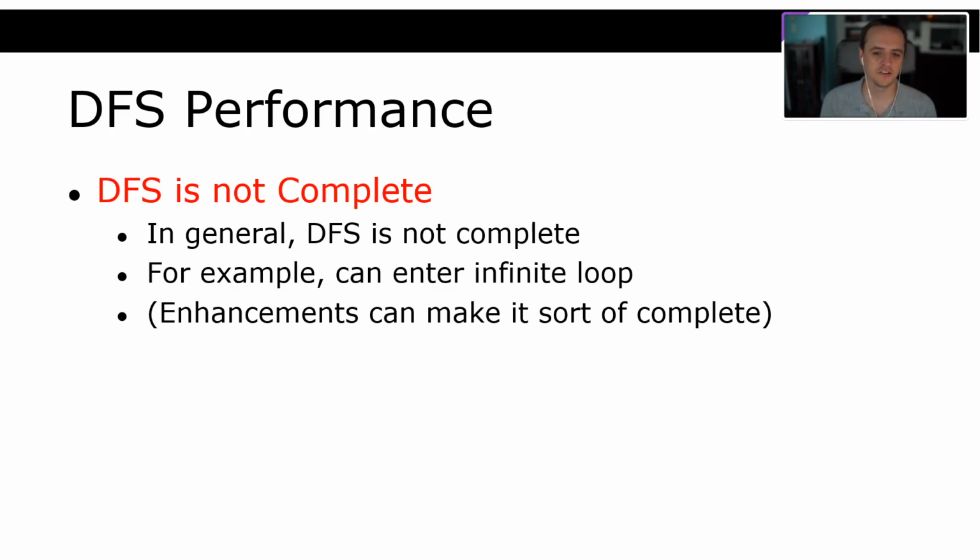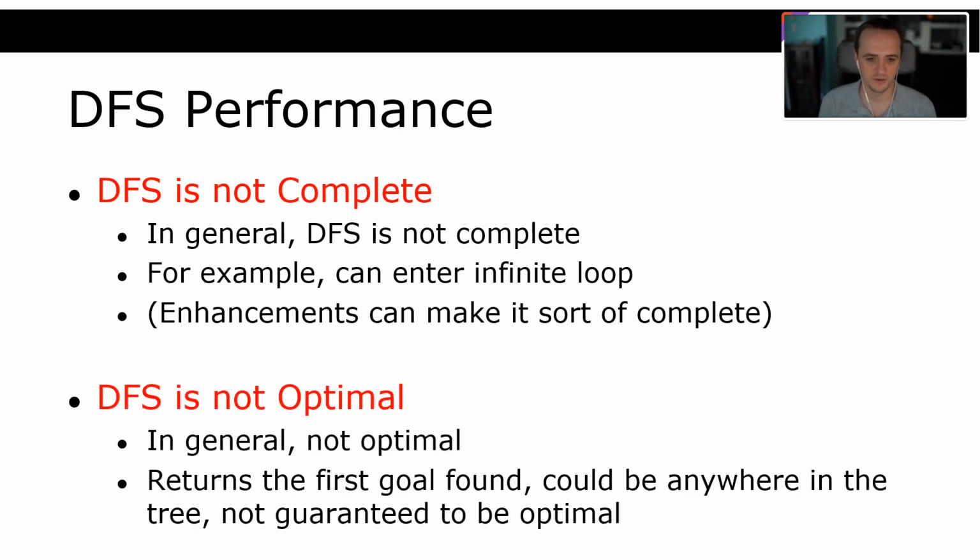So enhancements can sort of make it complete, but we're not gonna talk about those right now. DFS is also not optimal. It can return the first goal found, but that could be anywhere in the tree. So it's not complete and it's not optimal. Right? That's terrible. It's not guaranteed to find a solution, and even if it luckily does find a solution, that's not going to be the best solution.